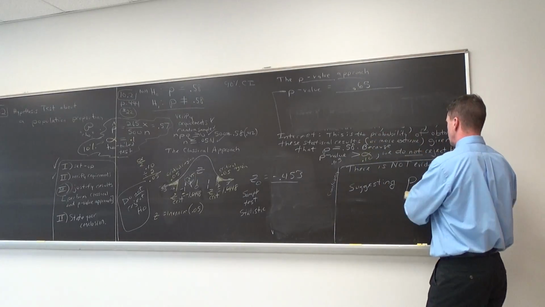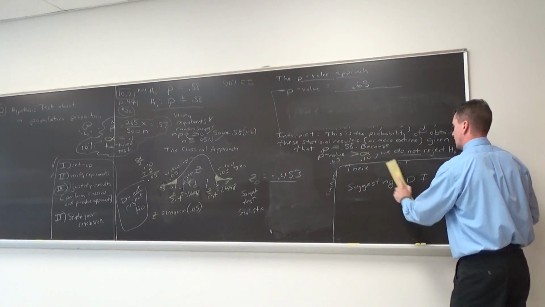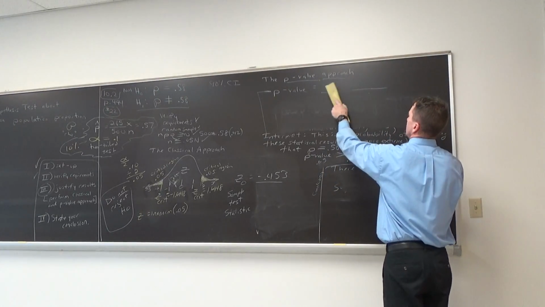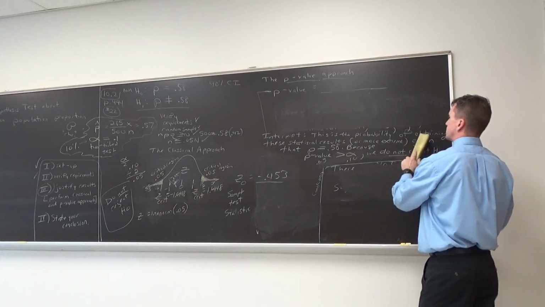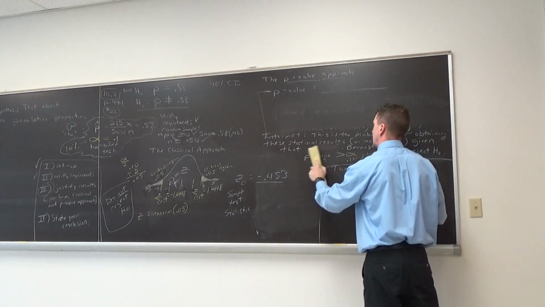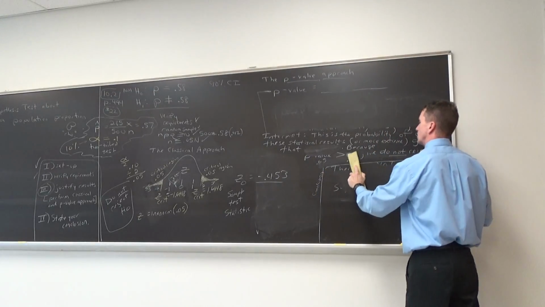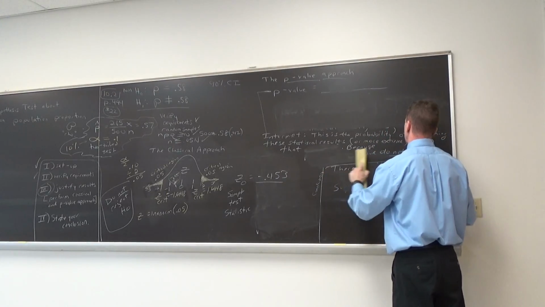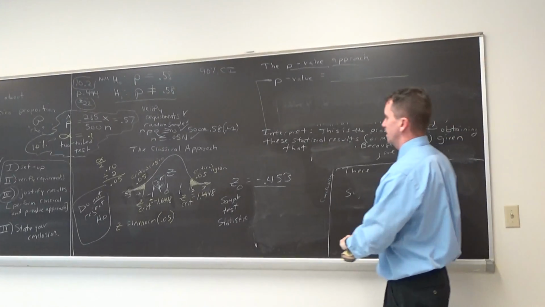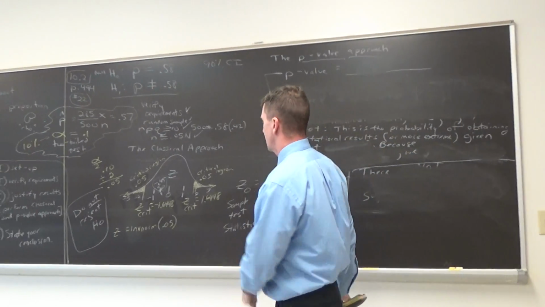All right, so I'll leave the conclusion box open. I'll leave this blank. This is the probability of obtaining these statistical results or more extreme. Given that, we'll see what we have for the status quo. We don't know what's going on with p-value and alpha. I'll erase that. And we'll see whether or not we're going to reject the null hypothesis. We'll fill this in. And let me erase this.